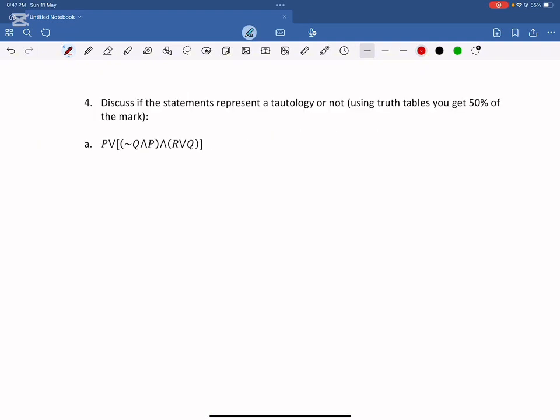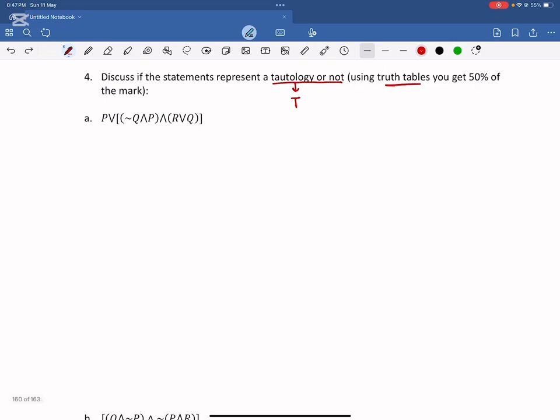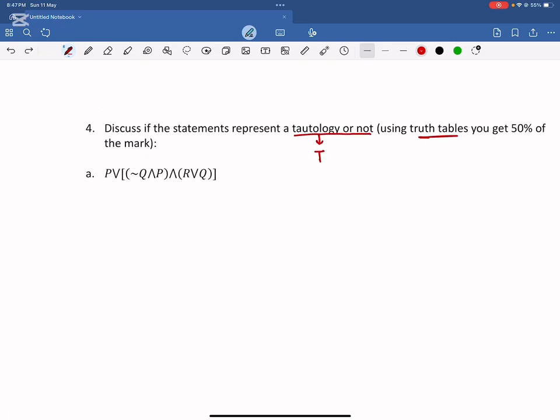Discuss if the statement represents a tautology or not. Tautology means it's always true, okay? Using truth tables will give you 50% of the mark. So what can we do? First, here I can simplify it.